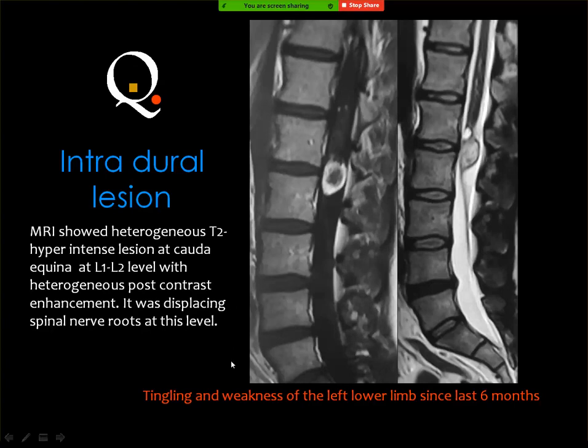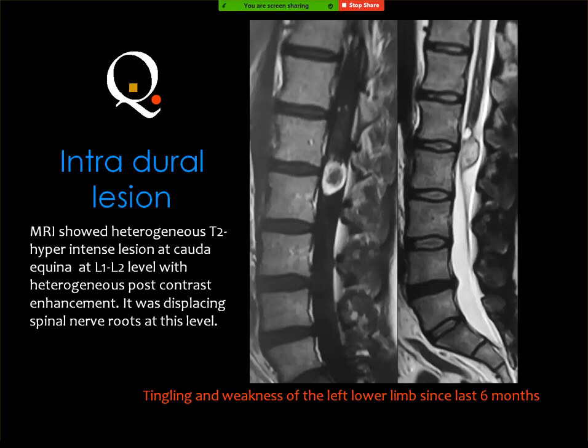One of the important issues to be taken into consideration: if you see a cystic lesion inside the dura, it may be one of three, as I have mentioned. It's either an epidermoid cyst, or arachnoid cyst, or a cystic schwannoma.